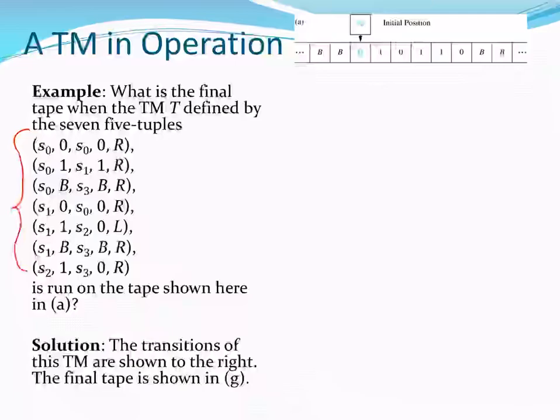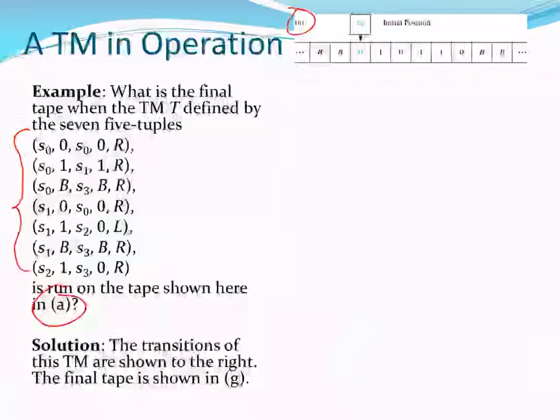I have 4 total states, S0 through S3, but notice that not all of them occur as inputs to my 5-tuples. And we'll look at how this machine runs on tape A, which is the input. And we start at the leftmost non-blank symbol. What is the first execution of the Turing machine?